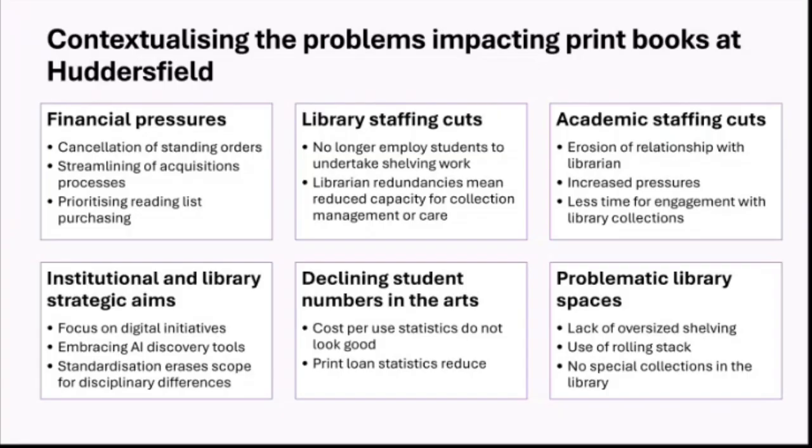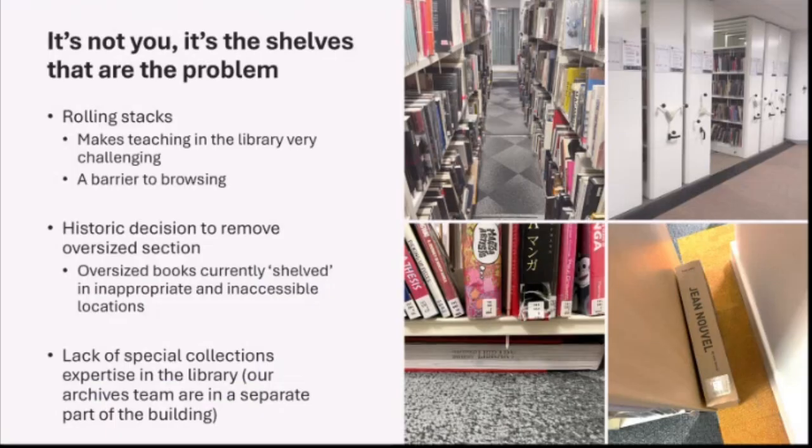And we've got a particular problem with some of our library spaces as well. So I'm just going to highlight this issue with the space. It's not you, Laura, it's the shelves that are the problem. And again, we're just constrained by the building, by the budgets, by the ability with what we can do with our space.